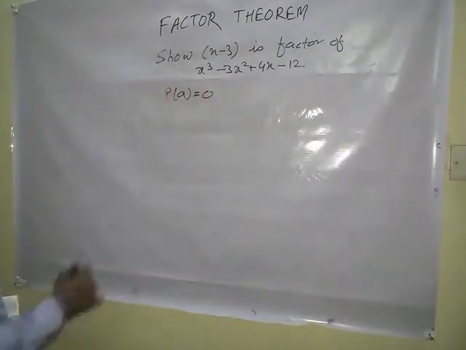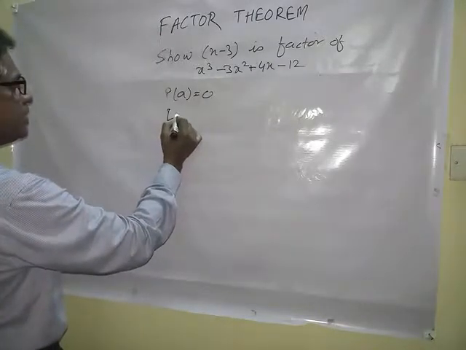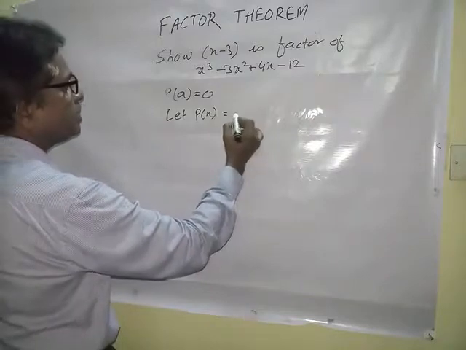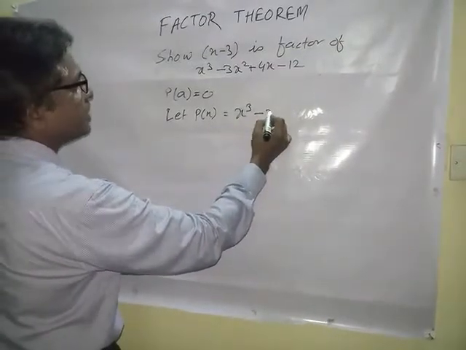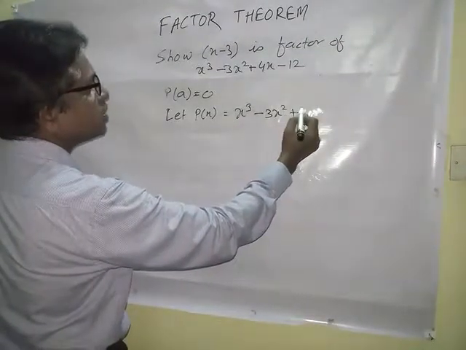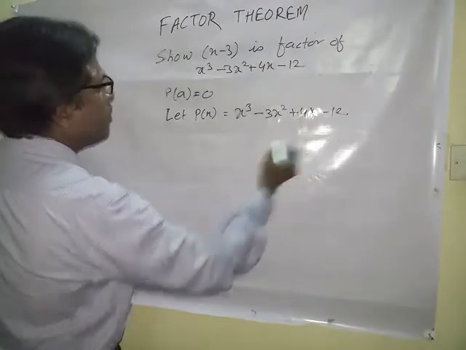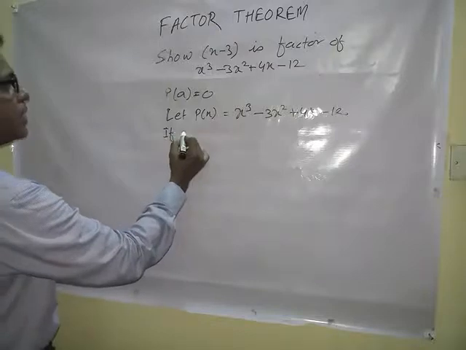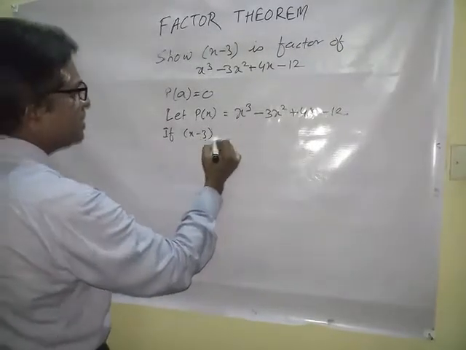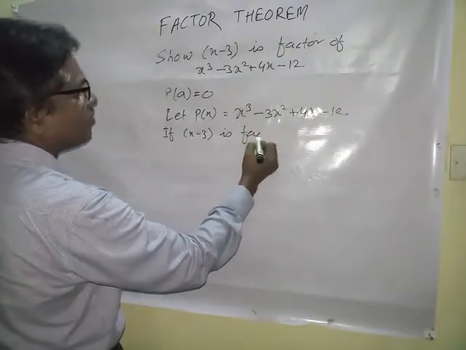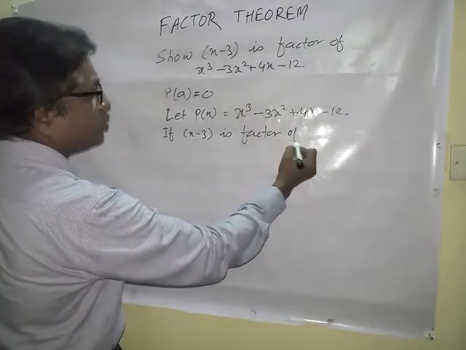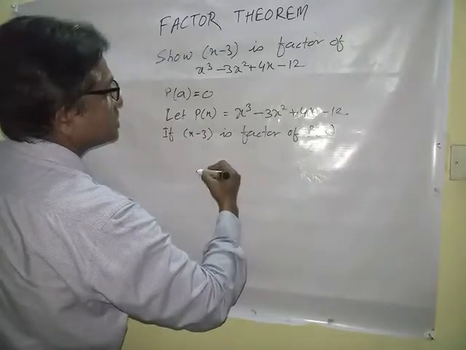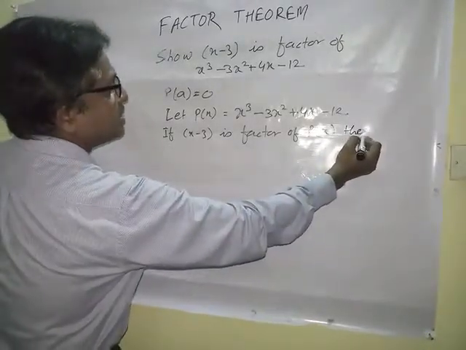Let P(x) be equal to x cube minus 3x square plus 4x minus 12. You have to write it in the exam like this. If x minus 3 is a factor of P(x), then you will get the marks.